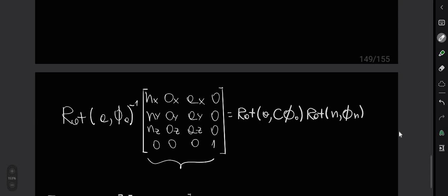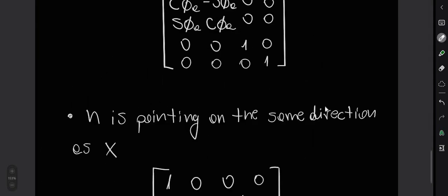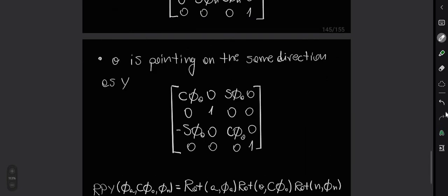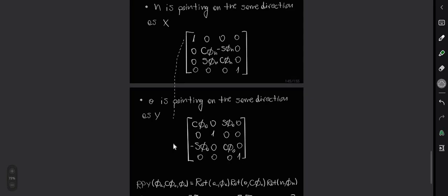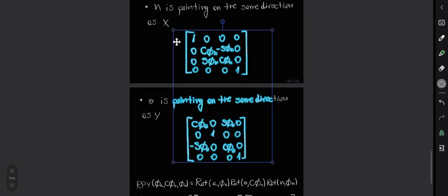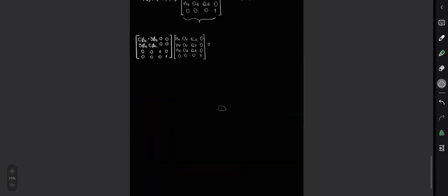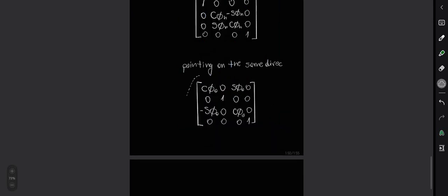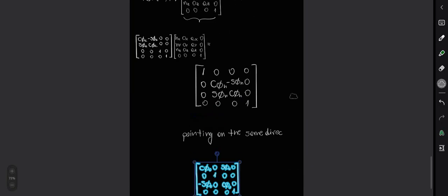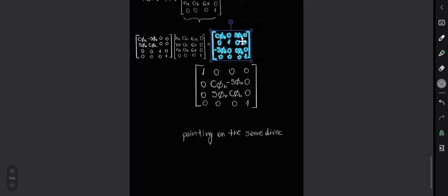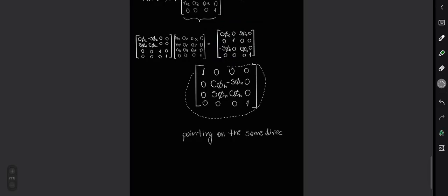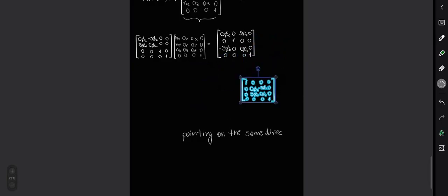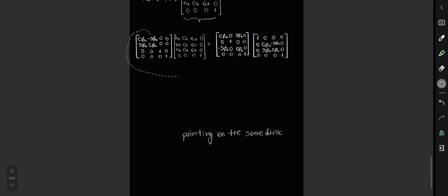So let's see the rotation about the O-axis right here, the rotation, and about the x-axis, sorry, about the N-axis. O and N. Okay, that's it.